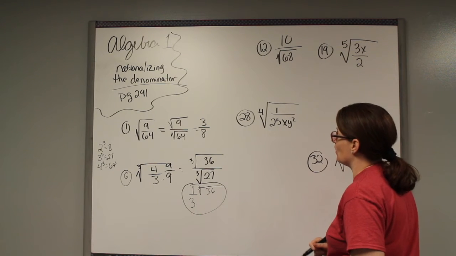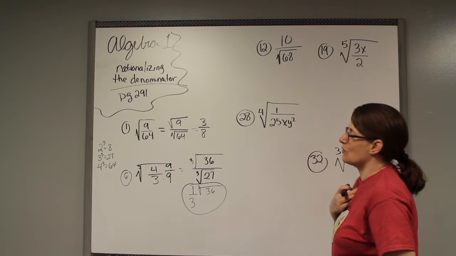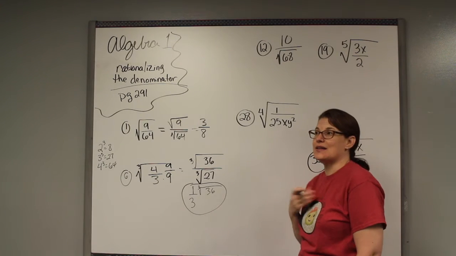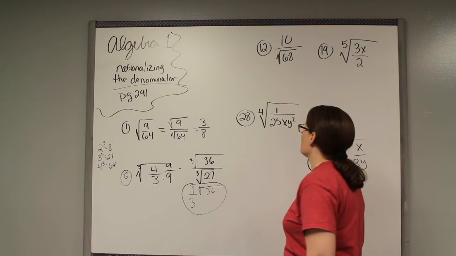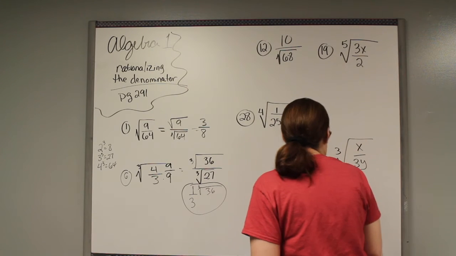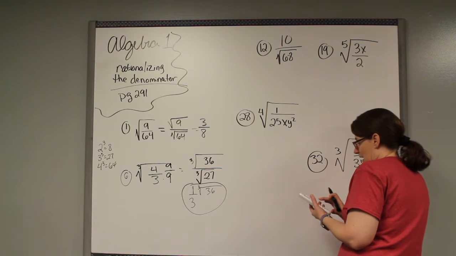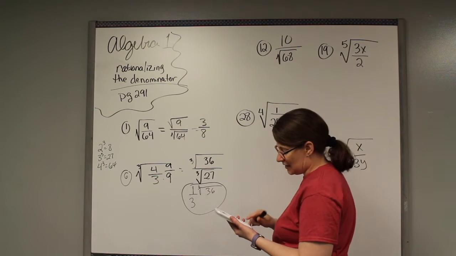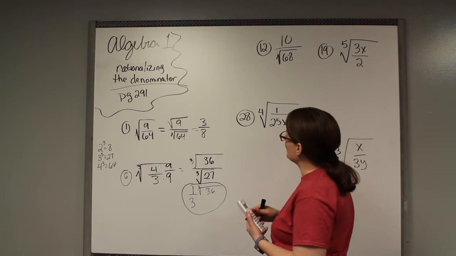That's not a perfect square. And can we simplify that any further, which means can we break that down into a smaller radical to figure it out? So we got to ask ourselves, on our perfect squares, what can I get to make 68? So I can say 68 divided by 2 is 34.